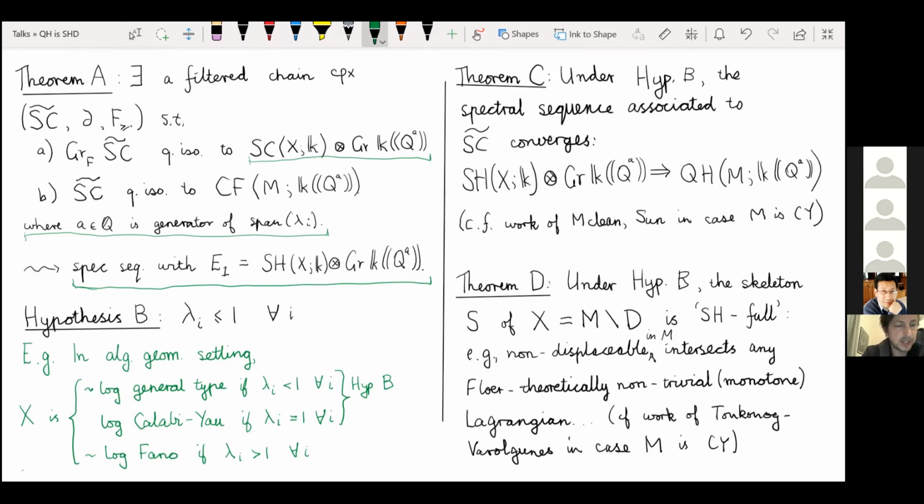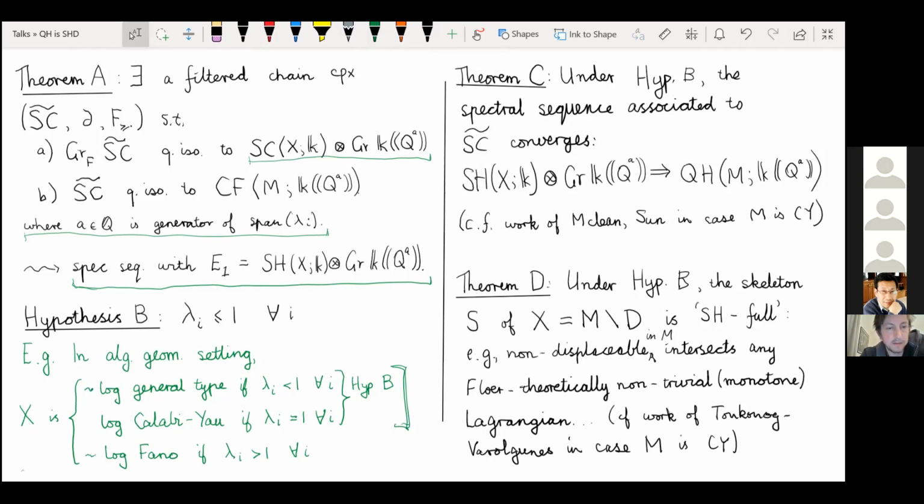Roughly speaking, this affine variety X is of log general type if lambda I is strictly less than 1 for all I. And it is log Calabi-Yau if lambda I equals 1 for all I. And it's roughly log Fano if lambda I is bigger than 1 for all I. So our hypothesis B is saying it's one of these first two situations.